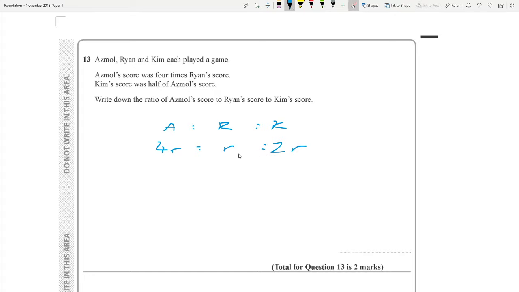Now write down the ratio of each of their scores. Ryan got 1R. Asmul got 4 lots of R, when R is 1, that's just 4. And Kim, half of Asmul's, is going to be 2, so the ratio would be 4 to 1 to 2.